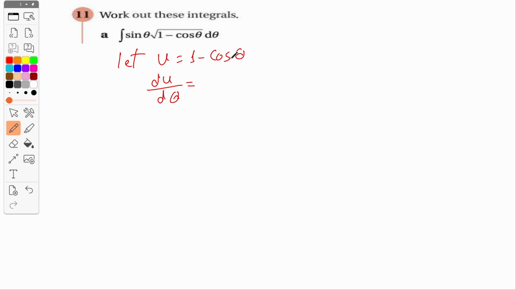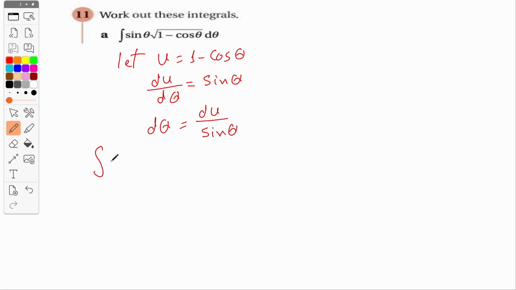The derivative of cosine is negative sine. Negative by negative is positive, so du d theta will be positive sine theta. We need d theta to plug in here, so just switch. So d theta equals du over sine theta. This is d theta. Okay? Keep sine theta as it is, because this will be cancelled with this one.